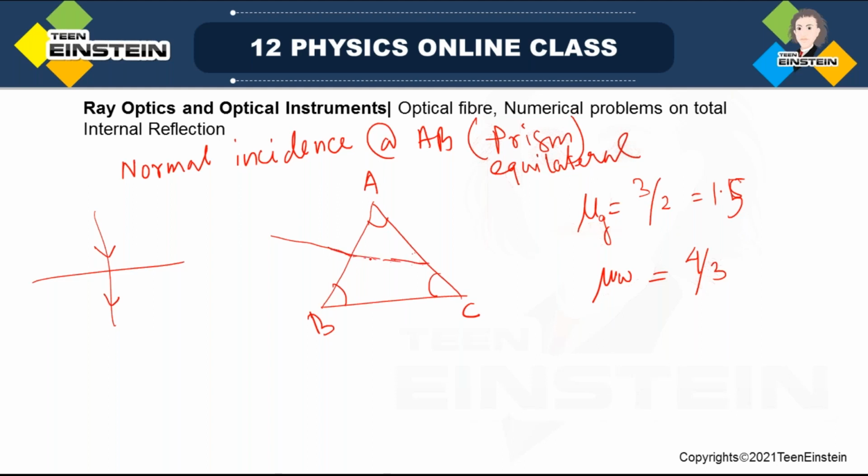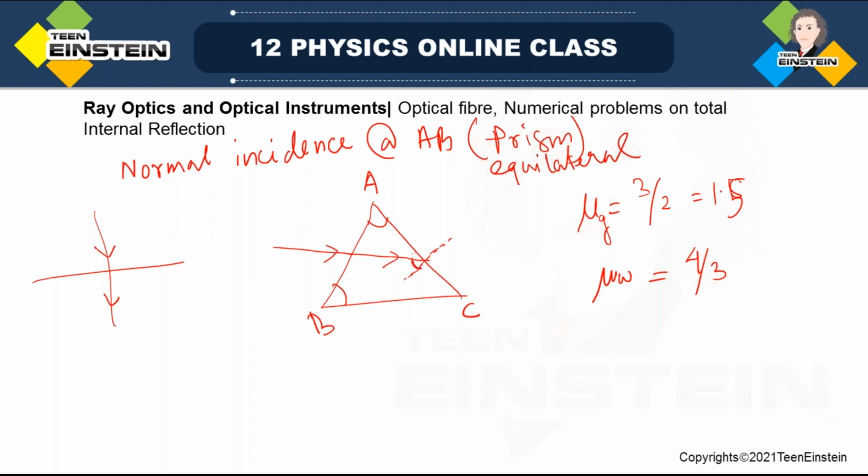It will not bend, because in case of normal incidence, there will be no refraction. It will just transmit like this. Now if you draw a normal over here, it is normal to this surface AC.